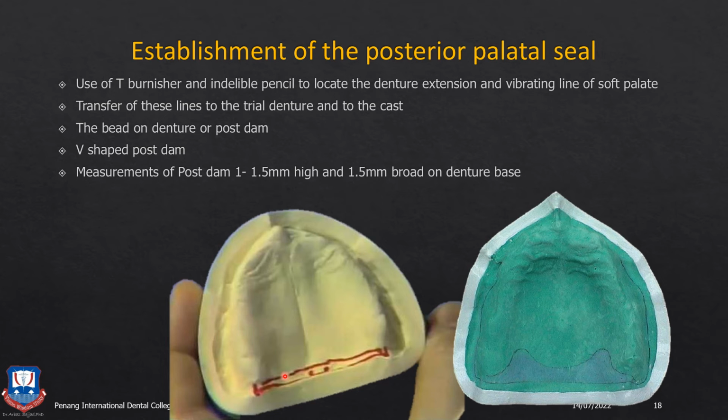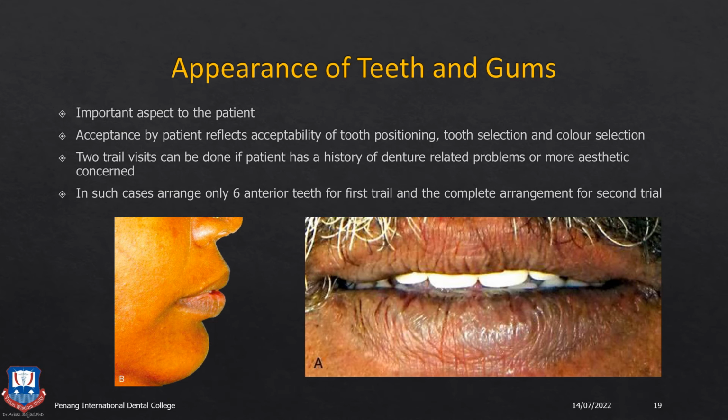So this groove will be filled by acrylic on the internal surface of the denture. It will provide a positive pressure in the posterior palatal seal area and give a peripheral seal to your denture. This will improve the retention of the denture, or in some cases when the retention is not there, it will provide retention.